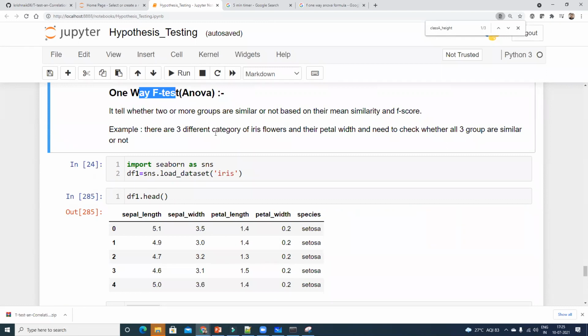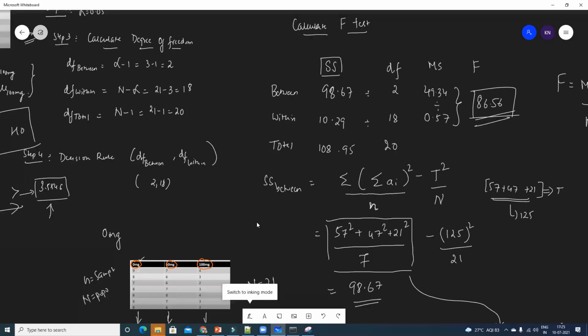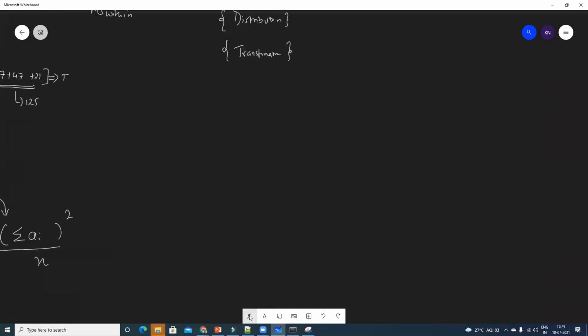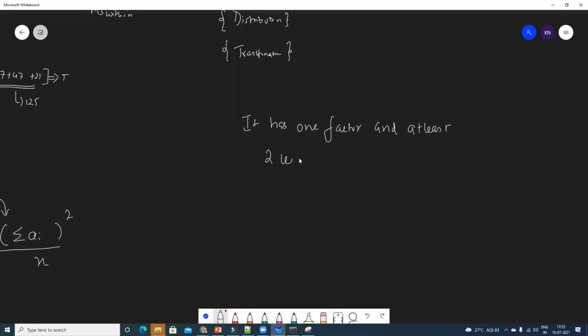You need to understand the basic difference between one-way ANOVA and two-way ANOVA. One-way ANOVA basically says that it has one factor and at least two levels.